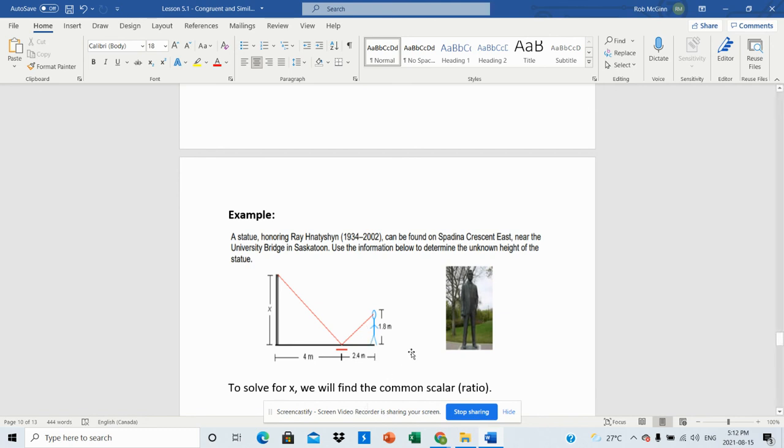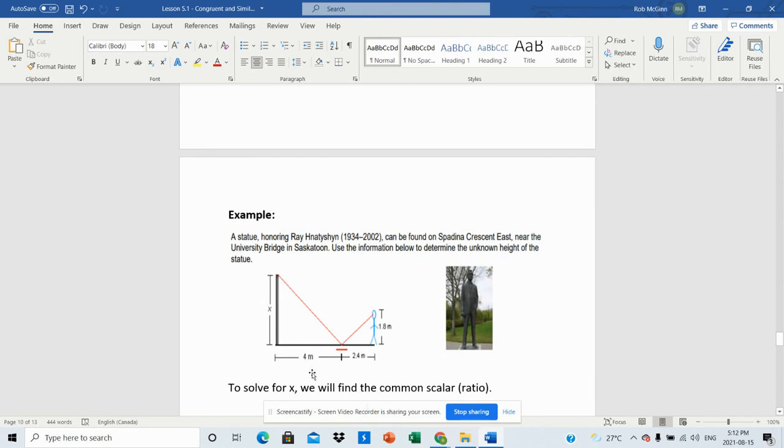And if they're similar triangles, then that means that side length 2.4 here and side length 4 meters here must be matching sides. And this height of 1.8 meters will correspond with the height of X, our statue.